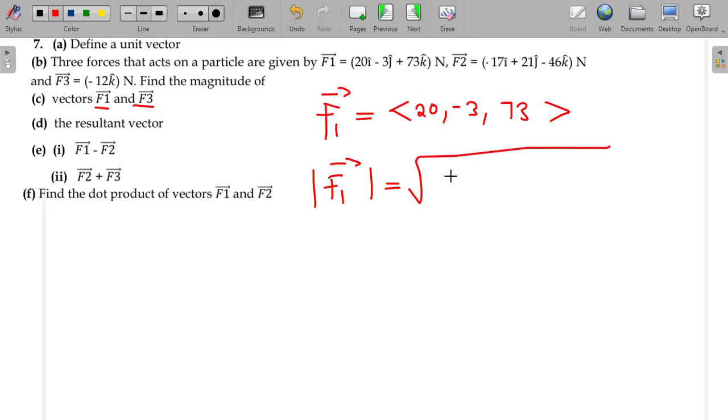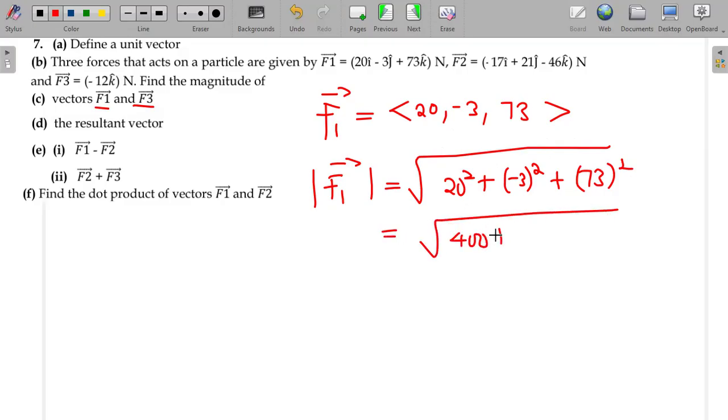So that is the square root of 20 squared plus minus 3 squared plus 73 squared. 20 squared is 400, minus 3 squared is 9, and 73 squared is 5,329. Adding everything under the root, 5,329 plus 400 plus 9 gives me 5738. And then I take the square root.